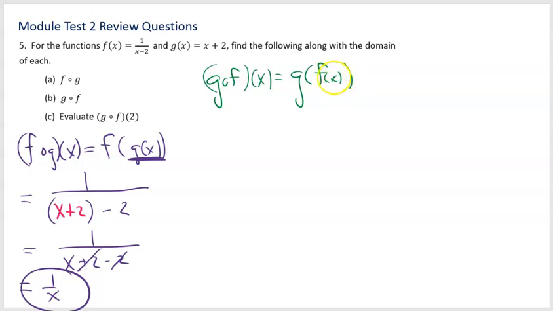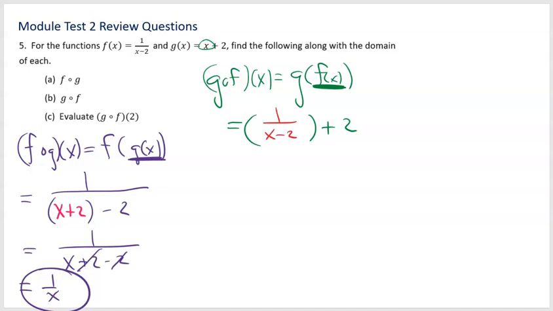Now again, because I don't know what x is, I'm going to start on the outside and write down my g function and put parentheses where the x is. So it's going to be parentheses plus 2. What goes in the parentheses? What's inside, which is the f function. Okay, so the f function is on the inside, and f is 1 over x minus 2.